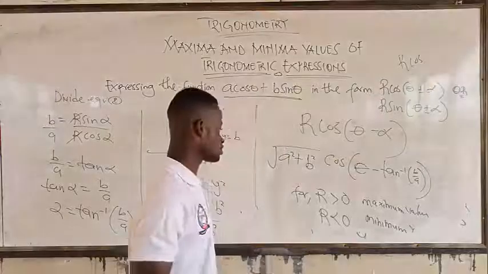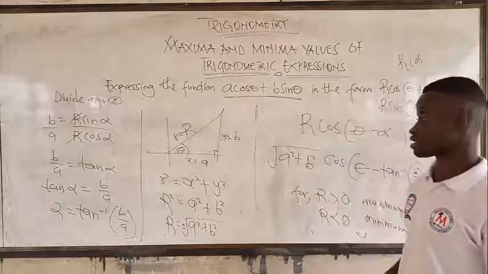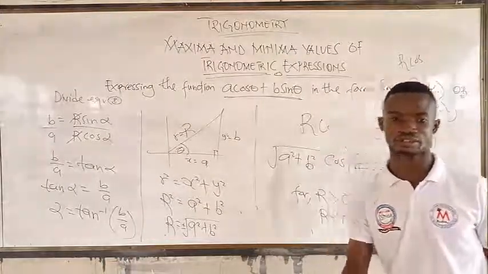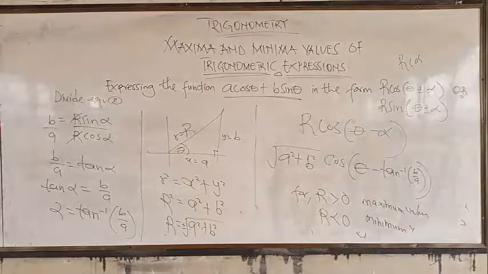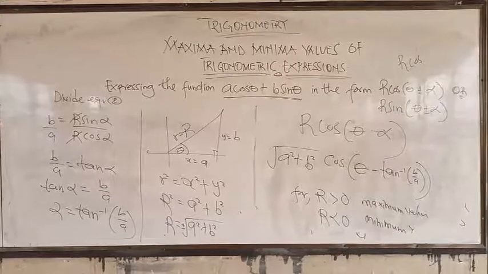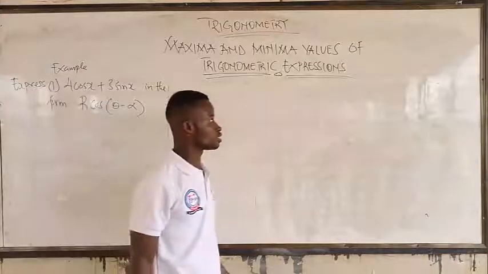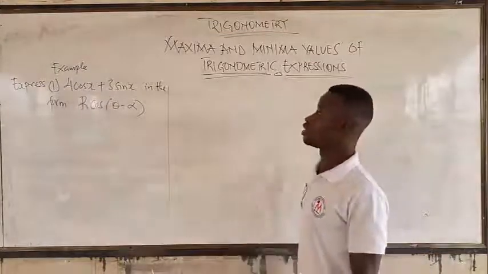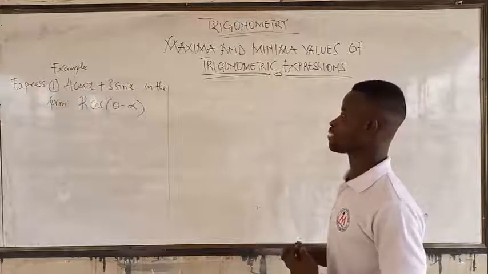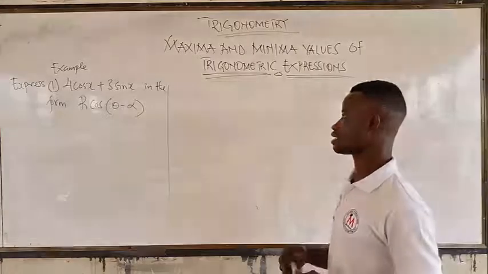In fact, I would like us to go and solve questions to see how we are going to work through that. Alright, so this is our first question. We have to express 4 cos x plus 3 sin x in the form r cos of theta minus alpha.